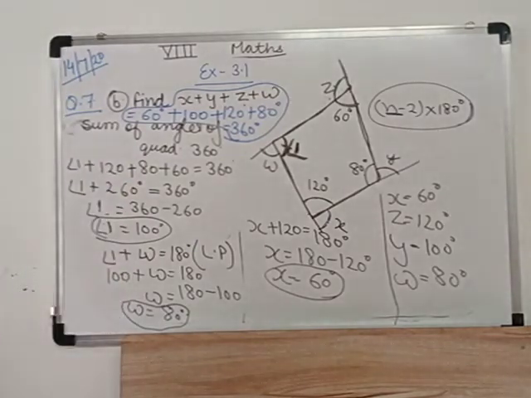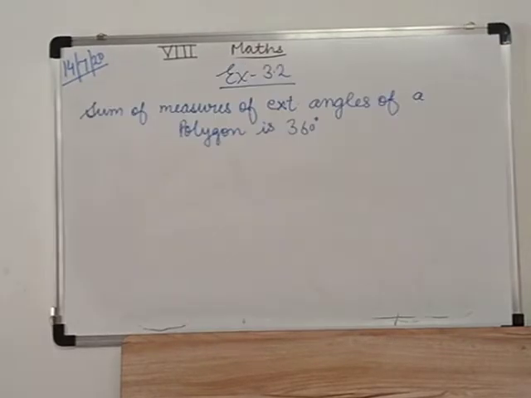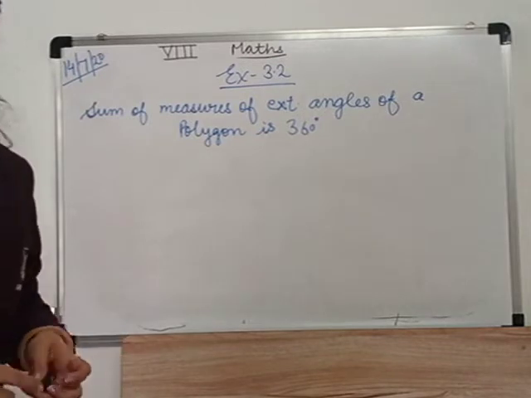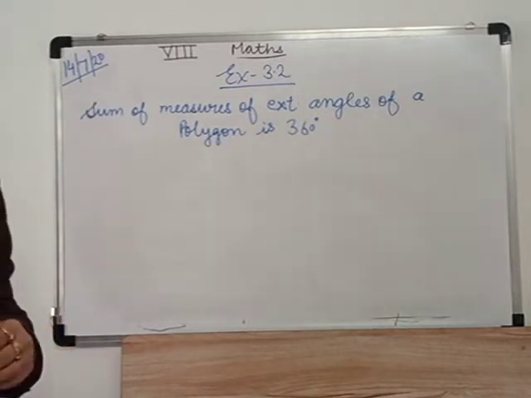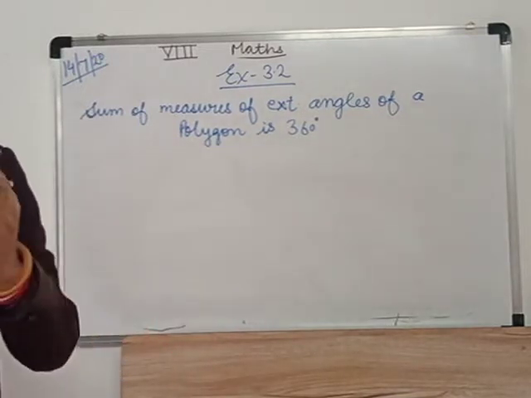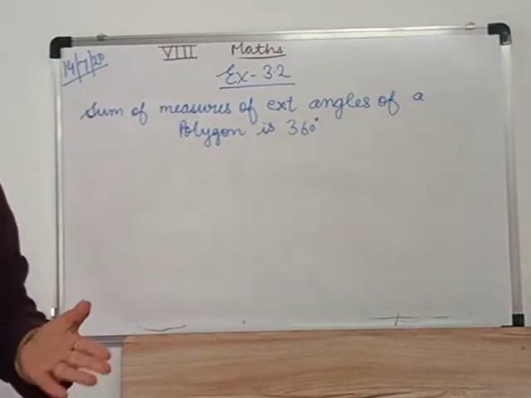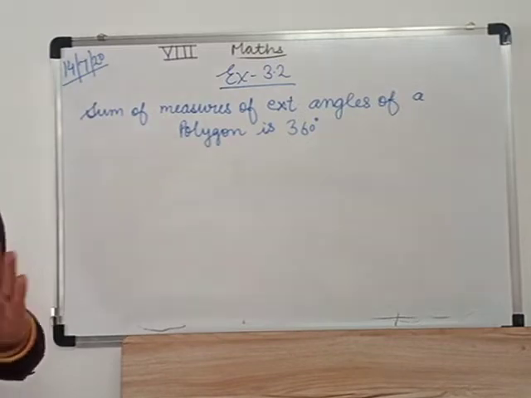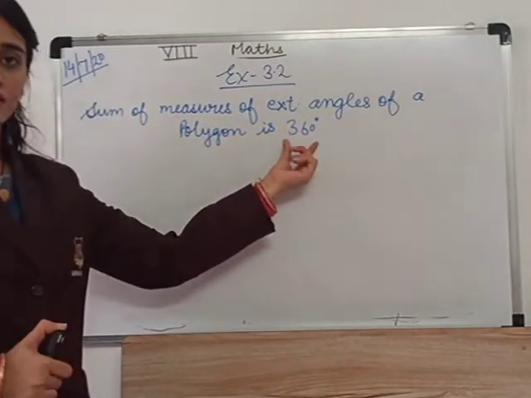Okay, so let's proceed with the next exercise, 3.2. Exercise 3.2 is based on the fact that the sum of the measures of the exterior angles of a polygon is 360. We already observed in our previous questions that in any polygon the sum of all exterior angles is 360.